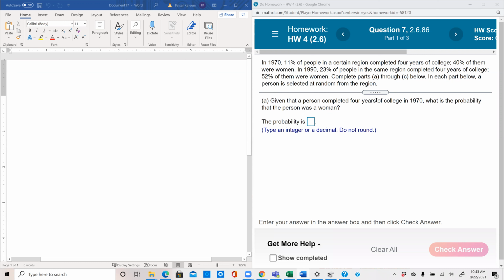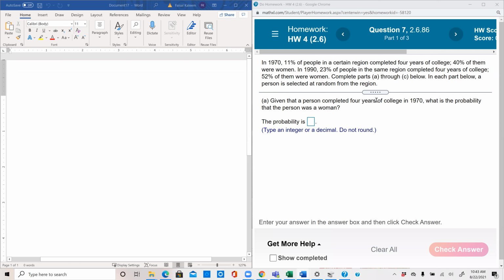What's the probability that a woman finished 4 years of college in 1990? To finish 4 years of college, you first have to have 4 years of college, which is 23%, and then you have to be a woman, and 52% of those were women. So we can directly use the multiplication rule.